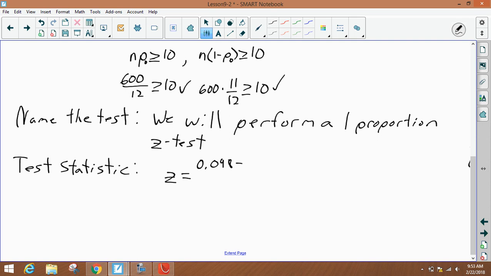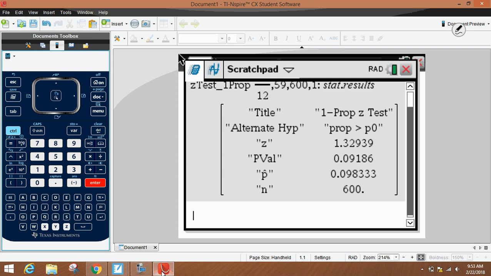Minus 12. Well, oops. I really do want to express this as a decimal.